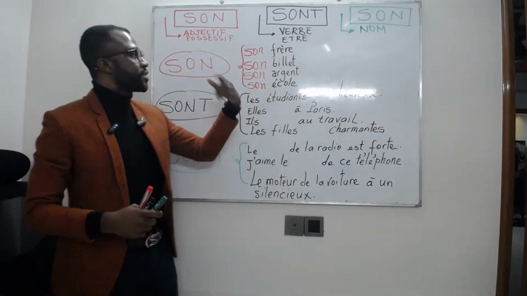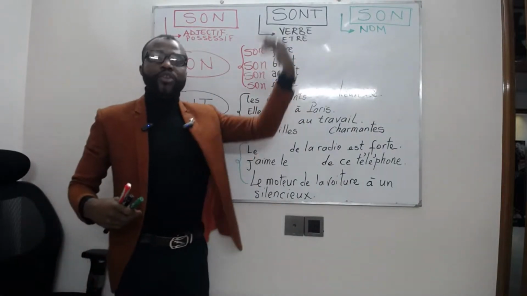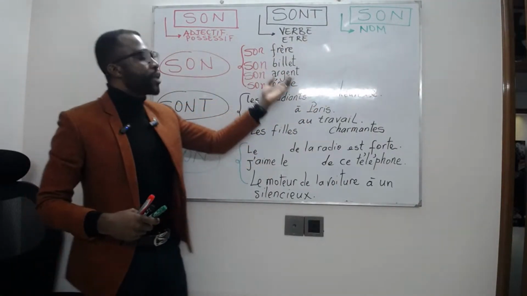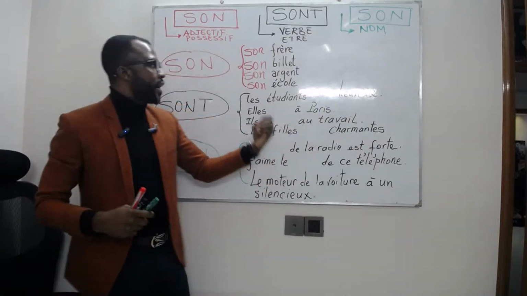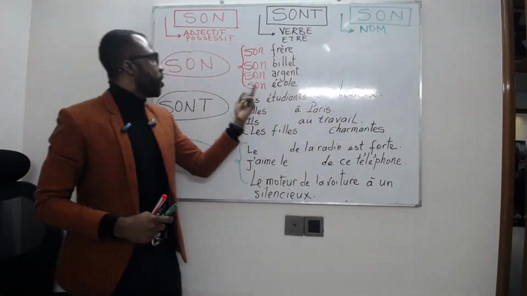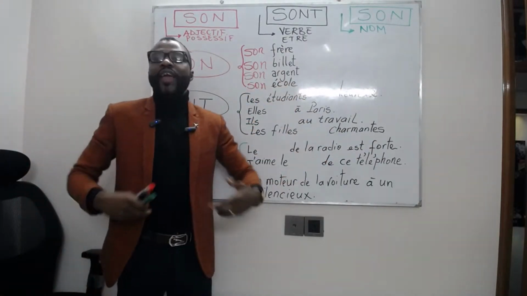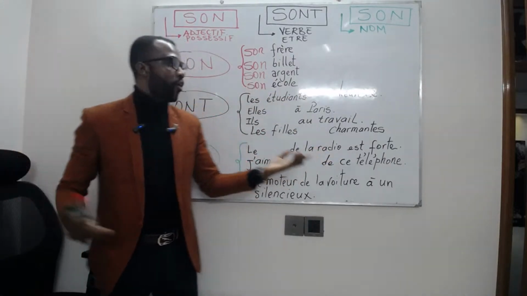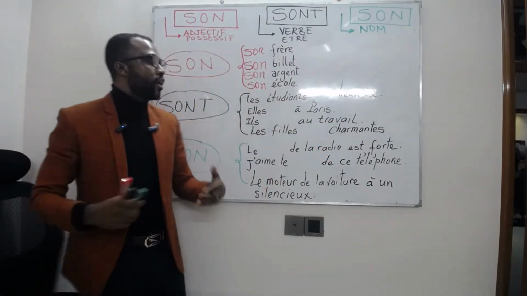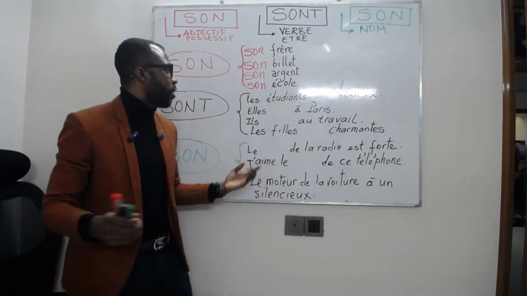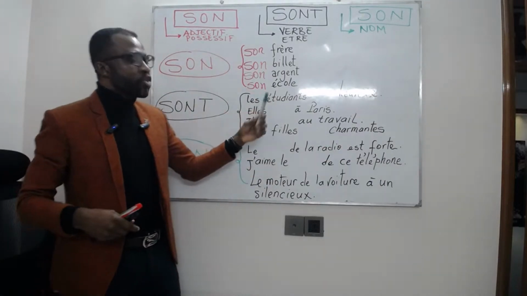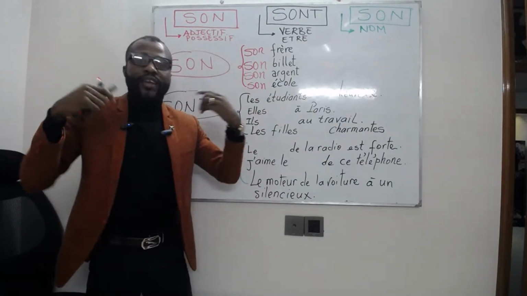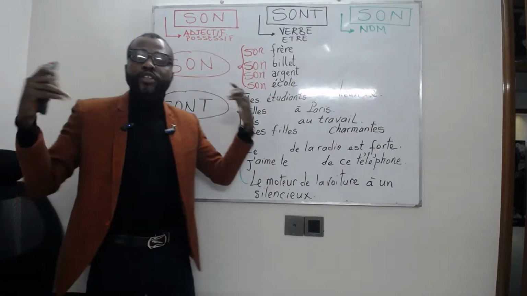In this case, we can say son frère est grand, his brother is tall. Son billet d'avion pour Paris, his flight ticket for Paris. Son argent est assez pour son compte bancaire, his money is enough for his bank account. Son école est grande, his school is big.